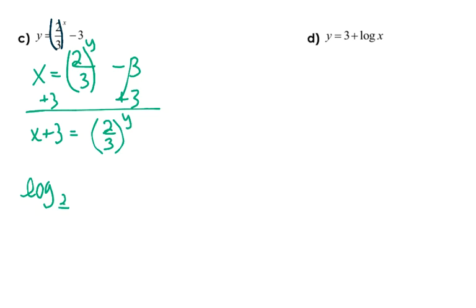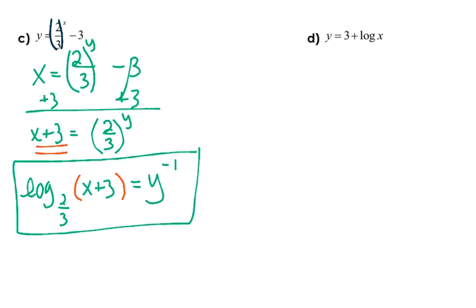It's 2/3 of all of this stuff. So I'm going to have to put parentheses around that. x plus 3 is equal to y. I'm done. I've got y by itself. I can just put my little -1 and I'm done. Make sure you've got these parentheses right here. It would be incorrect if you didn't have those parentheses.